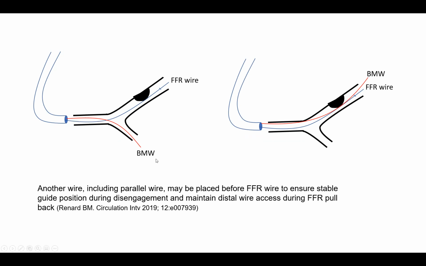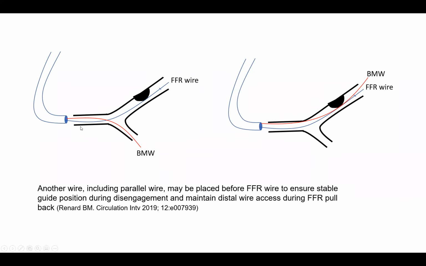And you can put the wire anywhere. You can put it in another artery, or in that paper, they recommend actually wiring the lesion itself with a regular wire before putting the FFR wire. This way, the wire that's placed distally in the lesion has several advantages.